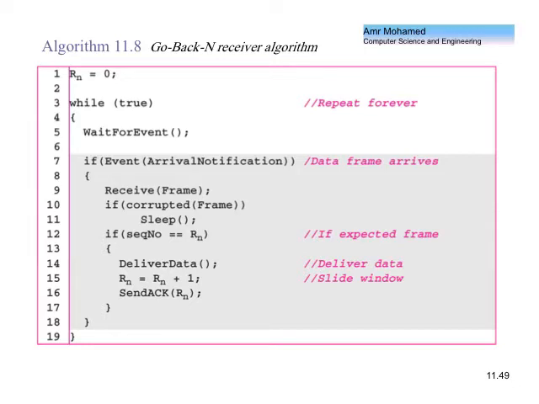And as we can see, incrementing the Rn comes before sending the acknowledgement. Why? Because I always send the acknowledgement number as the one that I'm expecting next, which means that I received everything before successfully. And this is by default an accumulative acknowledgement.